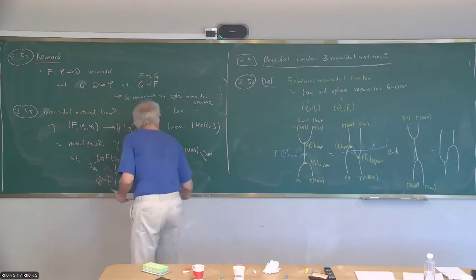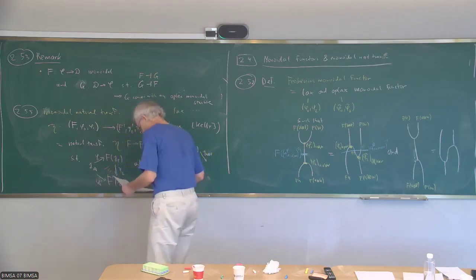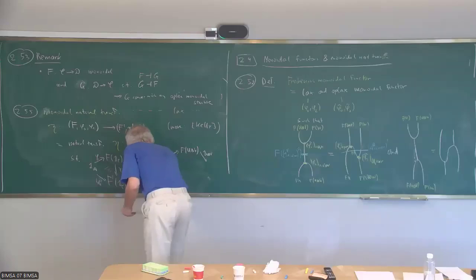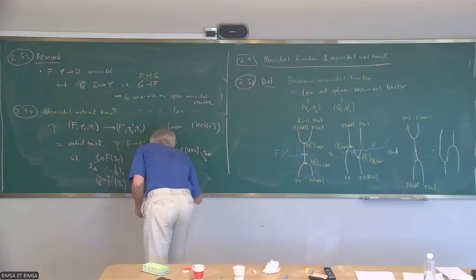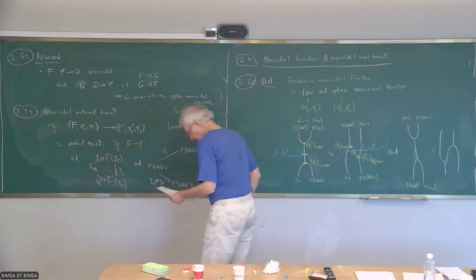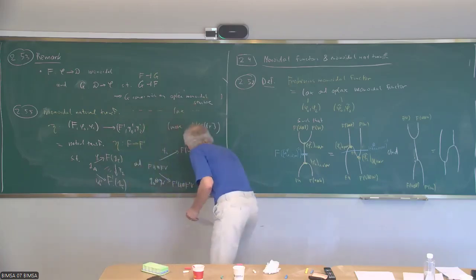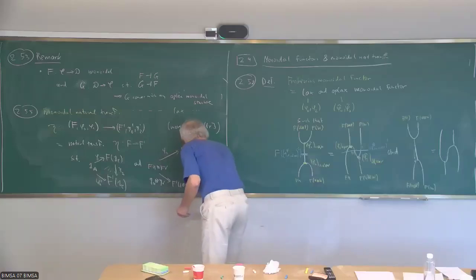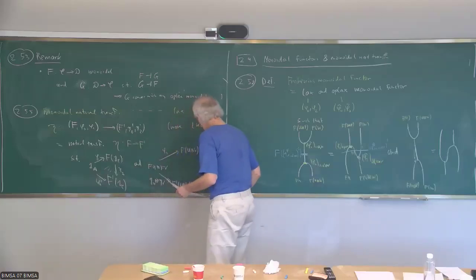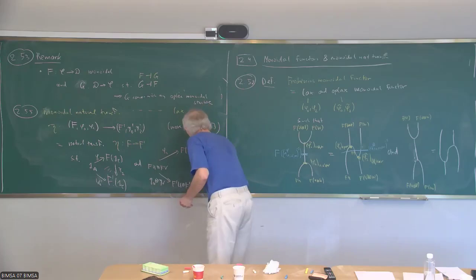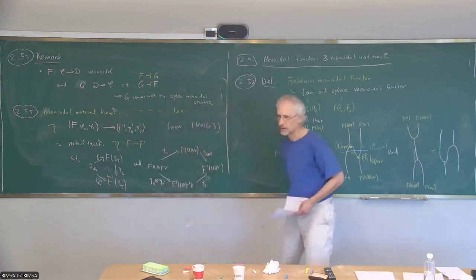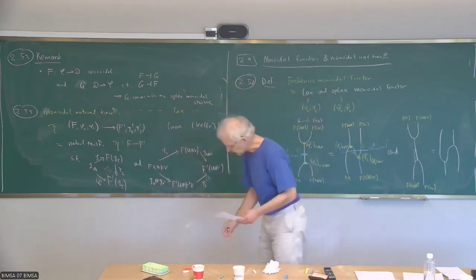But in order to get to F prime, what we can do is to use eta for u and for v to get to F prime u tensor F prime v. And once we have that, we can use phi 2 prime for u and v to get to F prime of u tensor v, and we get also from here to F prime eta, and also this should commute.